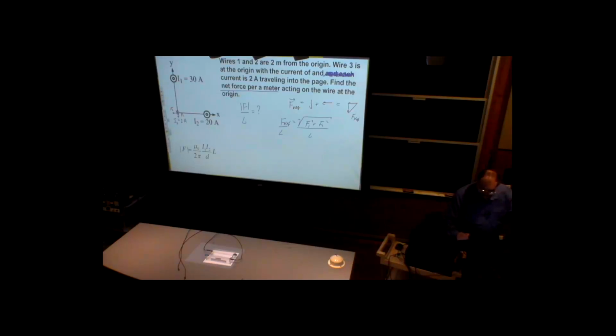This might require slight algebra. We bring the length inside the square root, so to do that, we actually have to square it. Which actually makes our life easier, because now all we have to calculate is this.